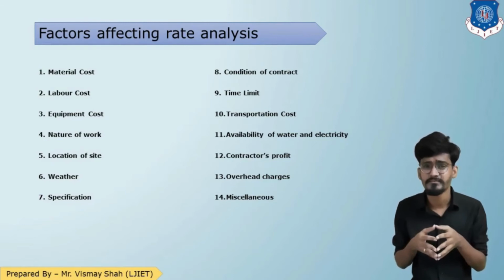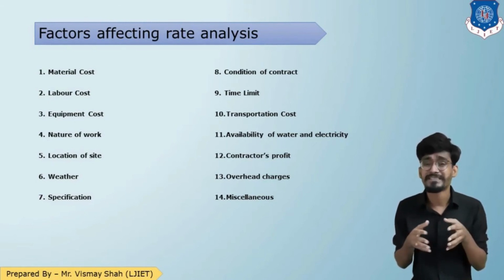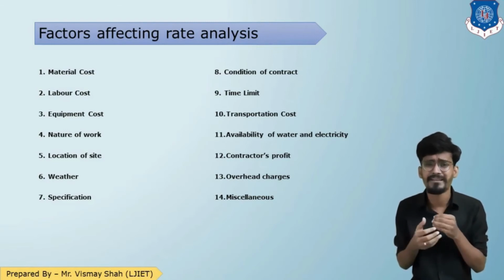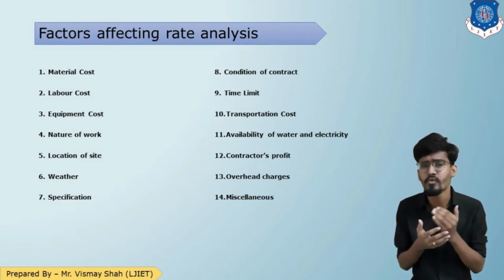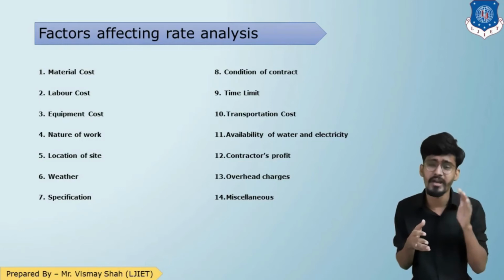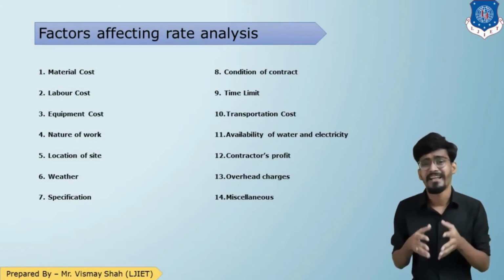The next is specification. Specification means the requirements provided by the client. If specifications are too high or too rigid, the contractor is going to quote a high rate, or the rate analysis will go on a higher side. Then the next is conditions of the contract.